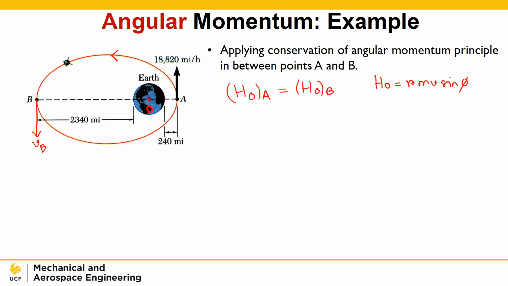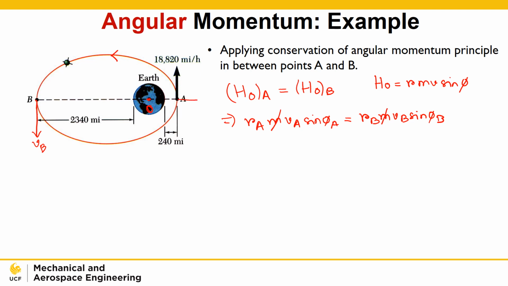So H about O at point A will be r_A m v_A sine phi_A, which is equal to r_B m v_B sine phi_B. So our m will cancel out here.